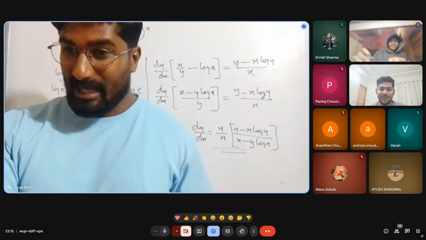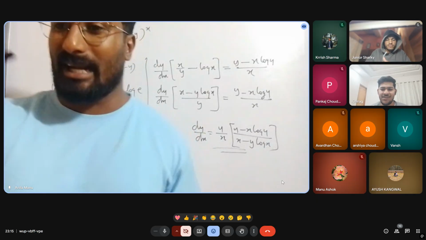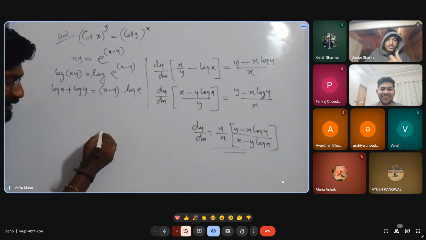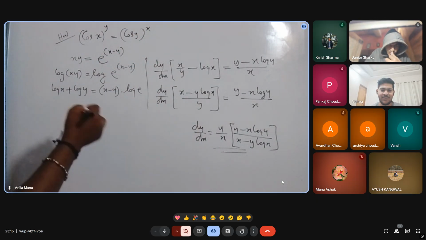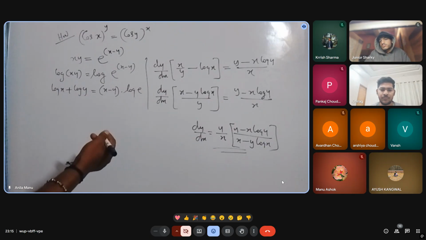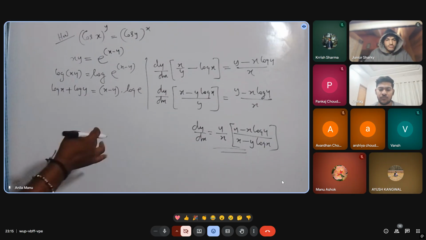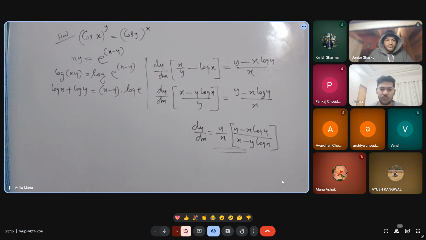The important thing which you have to note is, do you know the use of logarithm? Where are we applying logarithm? We use it where we have higher order functions. When you have a high power, suppose 2 raised to 1000, we can't solve that directly. In this case, we can solve it by using logarithm.